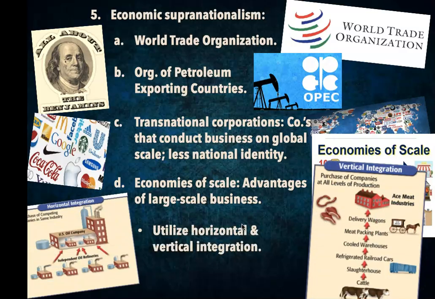I'm not going to go into massive detail on this, but when we talk about those transnational corporations and we break it down into that concept of economies of scale, they use both horizontal and vertical integration to get this done. Horizontal, that you see pictured there, gets into the idea of... I don't know.